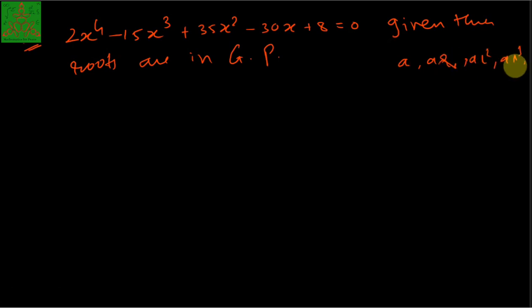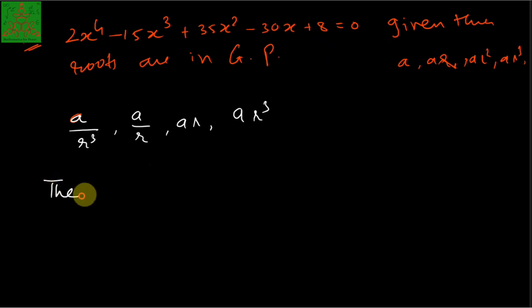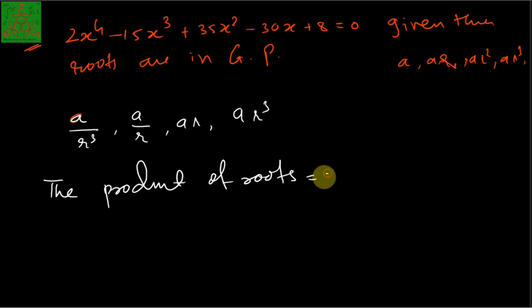But for simplicity, we assume the roots are a upon r cube, a upon r, ar and ar cube. They are the roots of this polynomial. When we take the product of roots, it will be minus 1 raised to n, a_n upon a0.